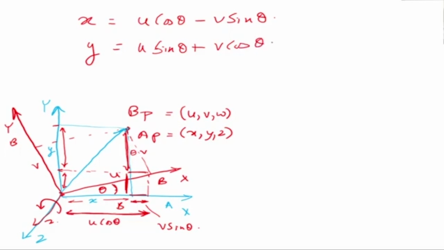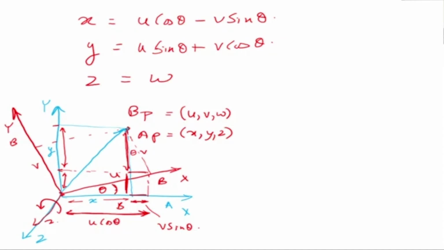So we are seeing the relationship between the xyz coordinate system in reference frame A with respect to the coordinate system expressed in reference frame B. So x is equal to u cos theta minus v sin theta, and y is equal to u sin theta plus v cos theta. And what about z? Z is equal to w, because there is no change in the z direction.